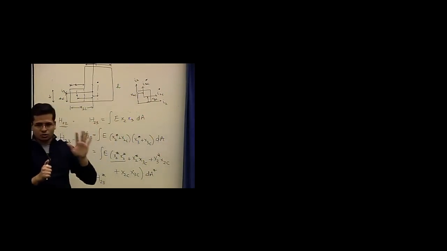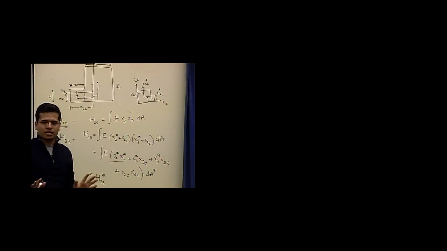We have two coordinate frames, I2, I3, and I2 star and I3 star. And the distances are x2c and x3c. I'm assuming that I2 star and I3 star is a centroidal reference frame, but I'm not talking about any principal axes of bending in this problem. So x2c is the location of the centroid in the centroidal reference frame.